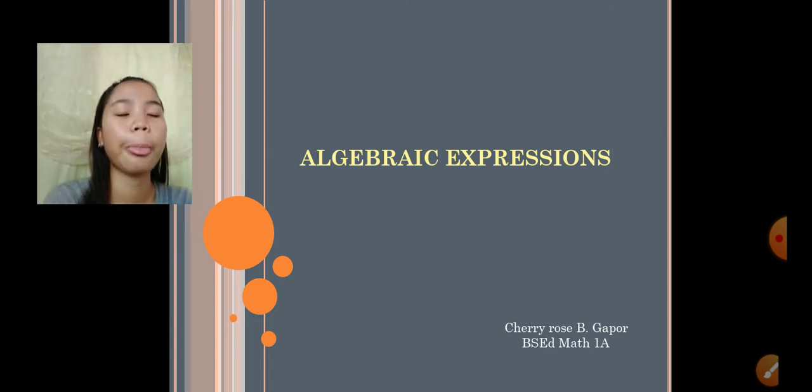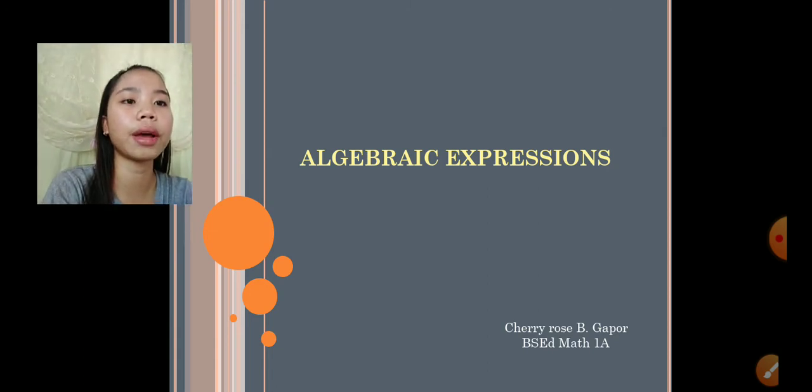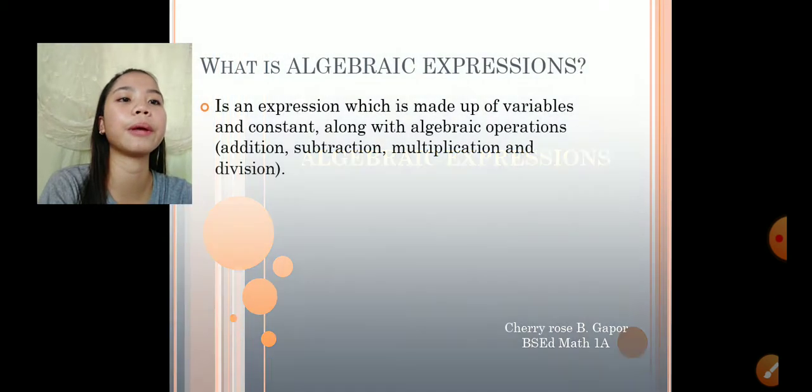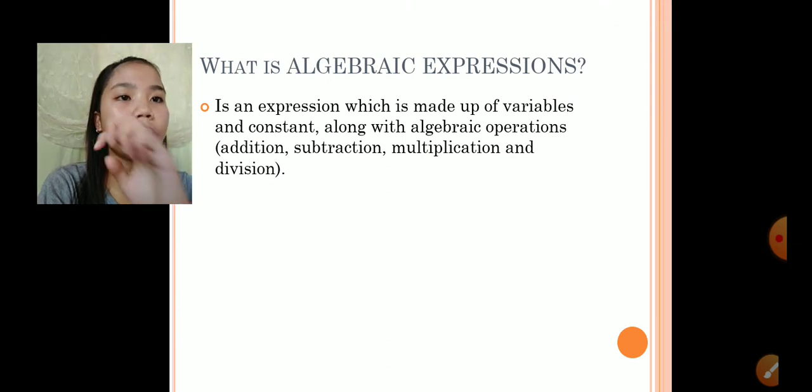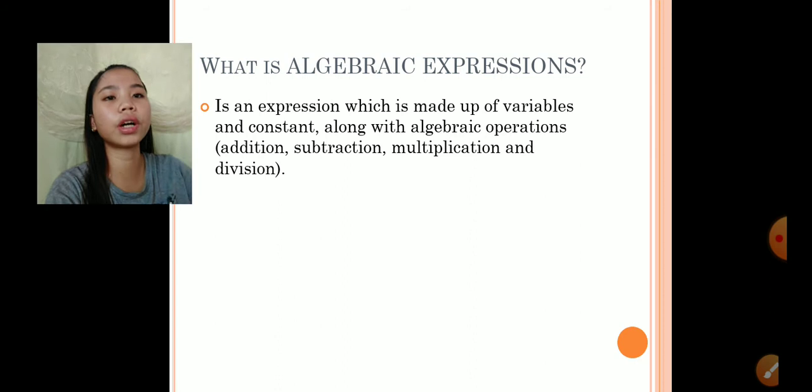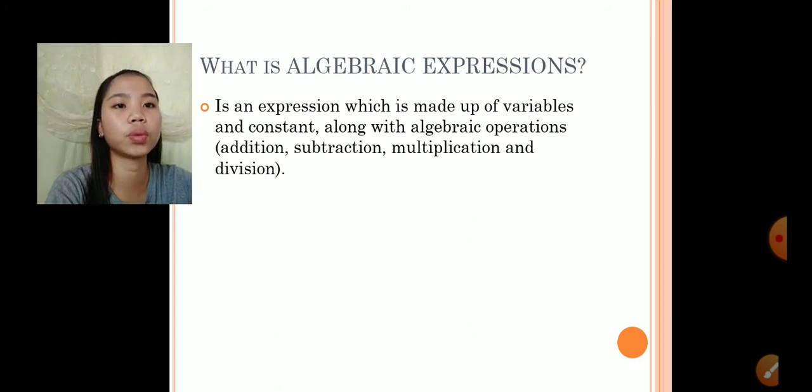So now, before we start, what is algebraic expression? From the word algebra, expression. Algebraic expression is an expression which is made up of variables and constants along with algebraic operations such as addition, subtraction, multiplication, and division.